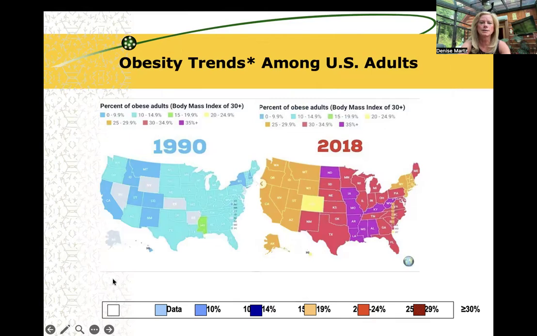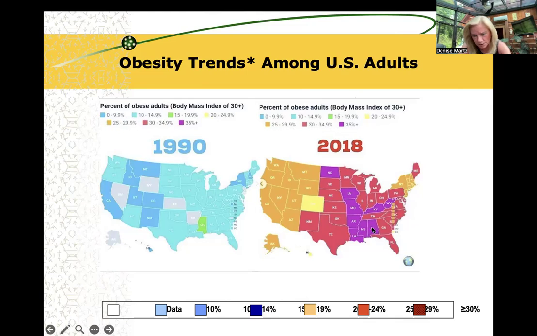If you look here at the last 30 years, starting in 1990, this shows the percentage of individuals who are obese, as these colors get more pronounced. We had very little in the United States that were classified as obese, but by 2018, look at how serious it has gotten.